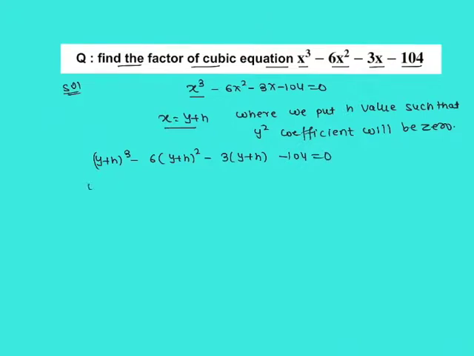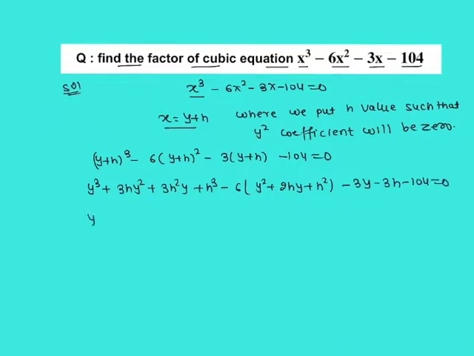So we'll get y cube plus 3h y square plus 3h square y plus h cube minus 6 into y square plus 2hy plus h square minus 3y minus 3h minus 104 equal to 0.